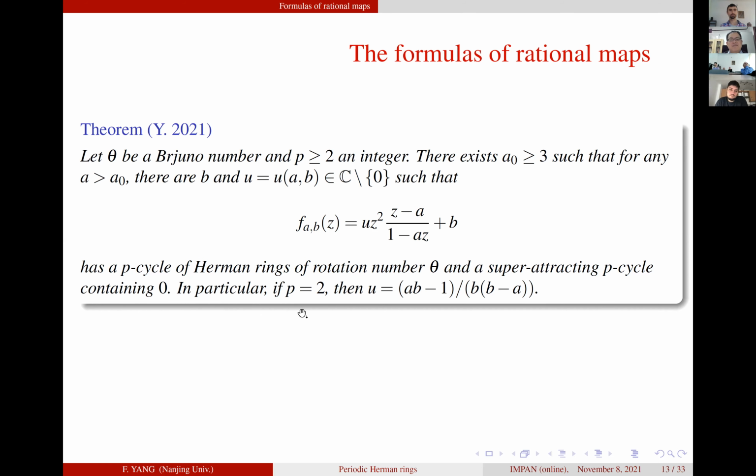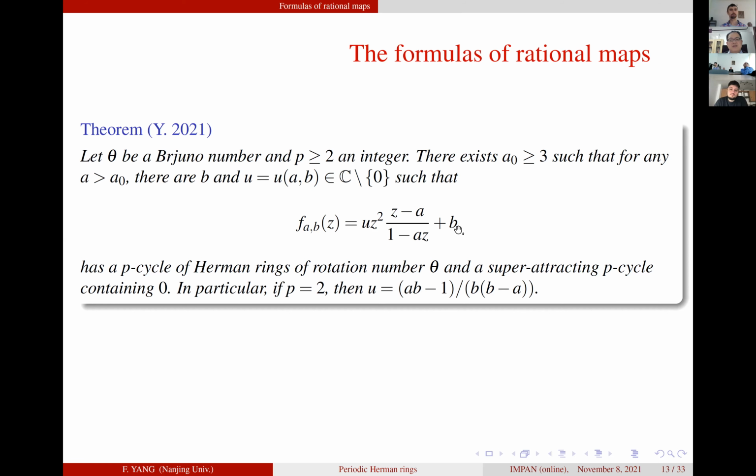In particular, if p equals 2, then u can be written as a formula of a and b. And actually, we can see this formula.